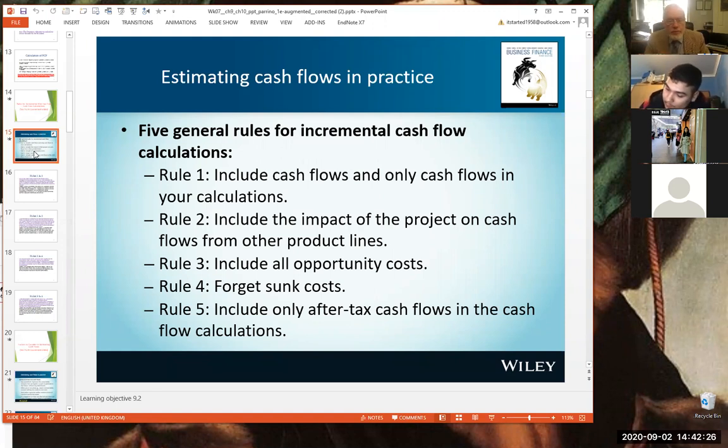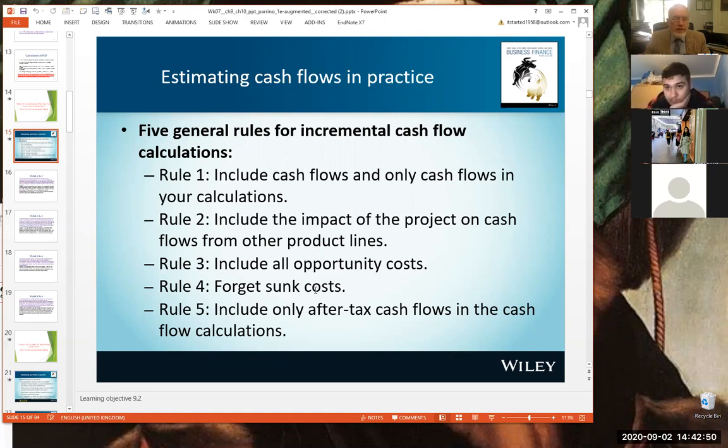That's rule 2. Rule 3, include all opportunity costs. Last week I was talking about what happens if you had a vacant lot, and you get to either turn it into a hotel or an office block. The opportunity cost is no office block if you do the hotel.